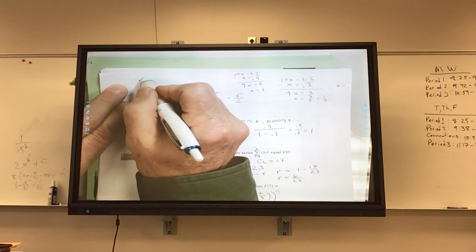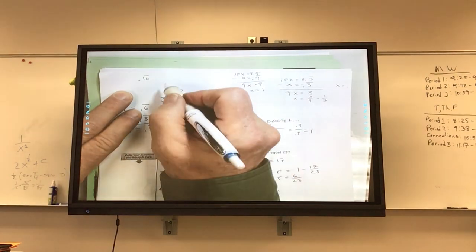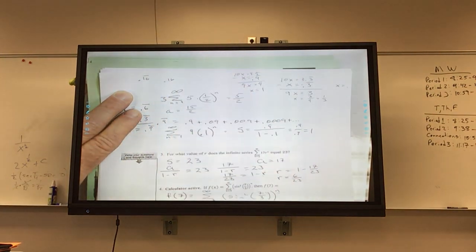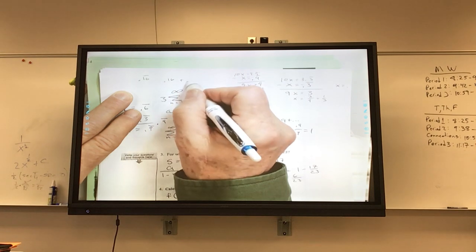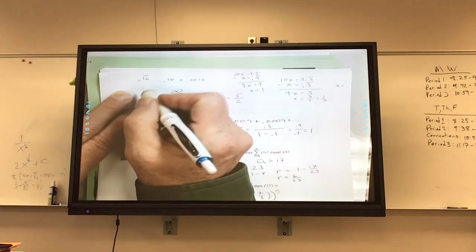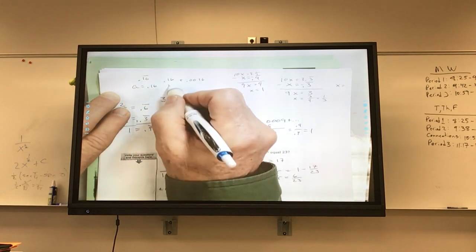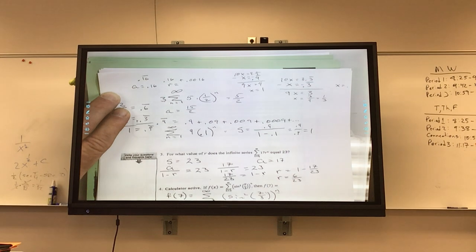If I say, okay, I get 0.16. Well, 0.16 is my first number, then I'd have to have 0.0016, correct? So that means A would be 0.16. What's my R? What allows me to move the decimal 2 places as well?